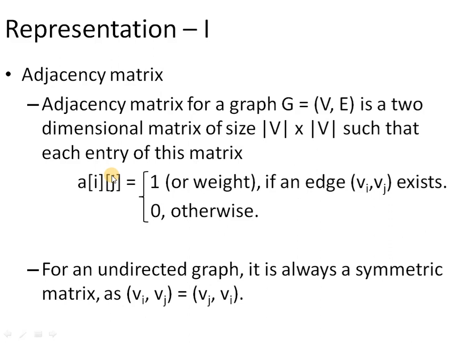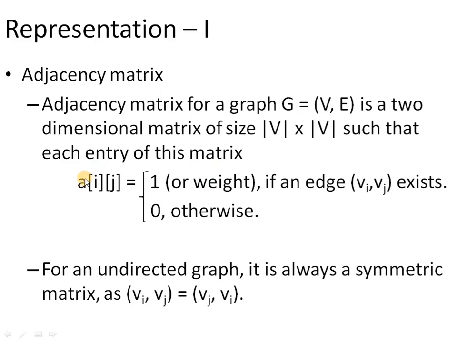If we talk about an undirected graph, then if an edge exists between the pair of vertices I and J, we have to put 1, otherwise we have to put 0. If it is a weighted graph, then in place of 1, we have to put the weight.